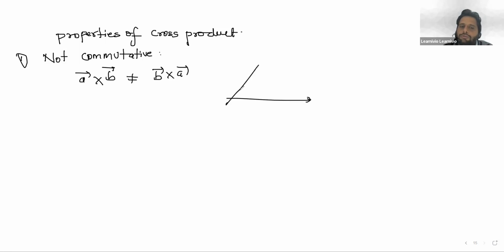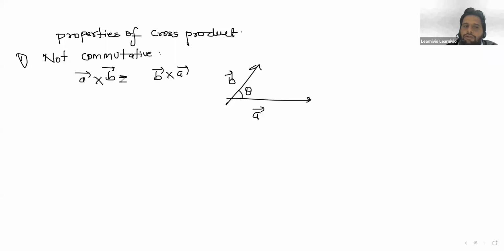Check here. If you have this A, this is B. If you're finding A cross B, then the thumb direction is outward. If you're finding B cross A, then the thumb direction is inward. So the direction is different. That's why we say it is not commutative.